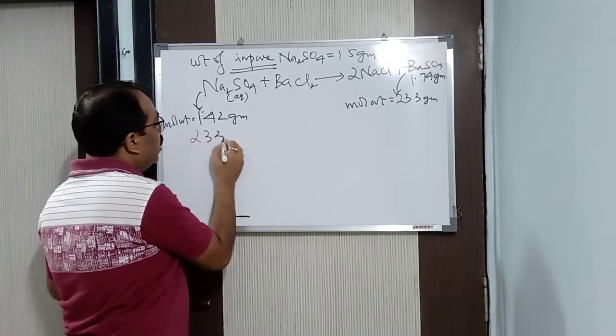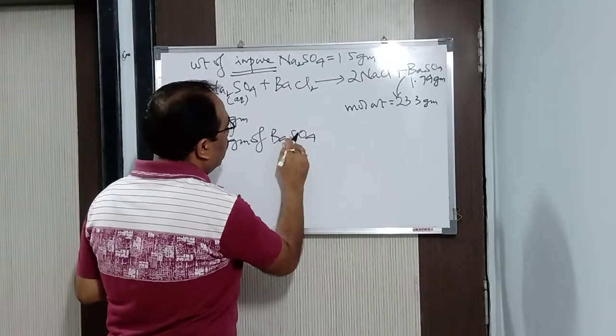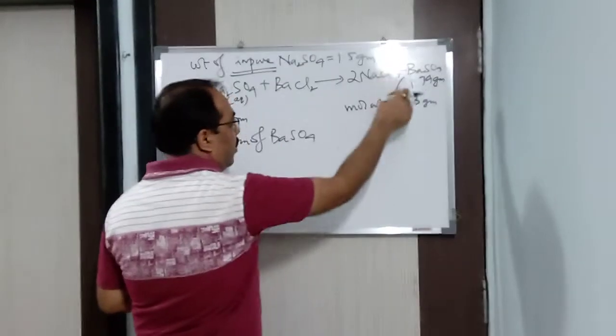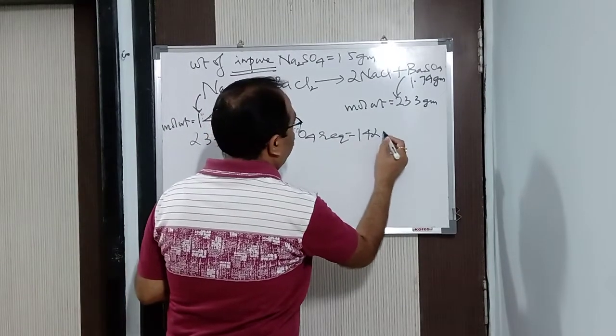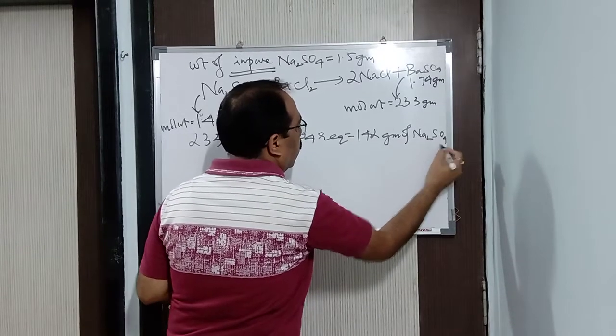So 233 gram of barium sulfate. Got it? 233 gram of barium sulfate, isn't it? Requires how much? 142 gram of Na2SO4.